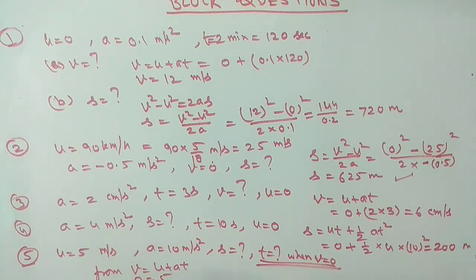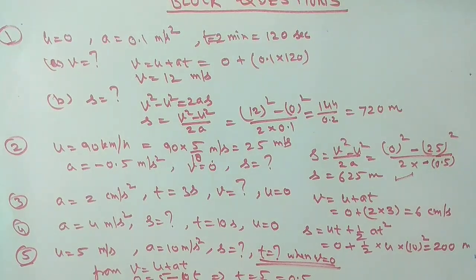So u is given 5 minus, because the body is stopped, so you will take the retardation, so you will take it minus, so it is 10 t. So from here t is equal to 5 upon 10, that is 0.5 or 1 by 2. Clear?